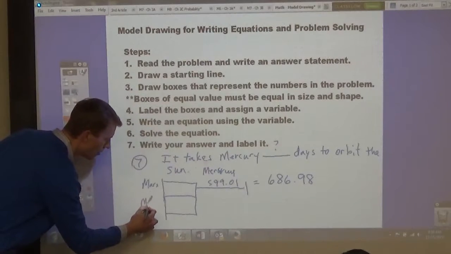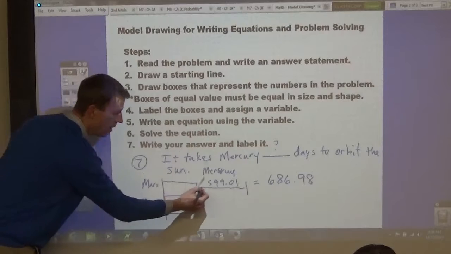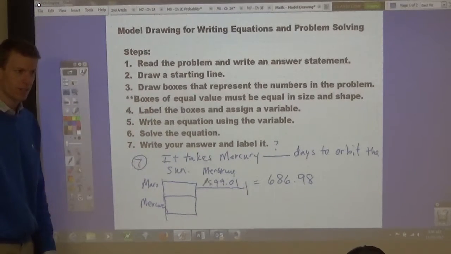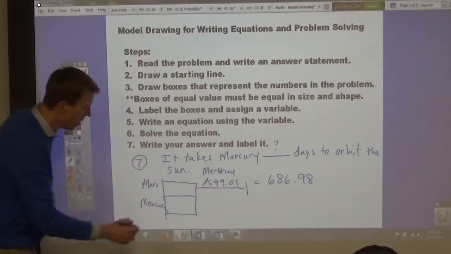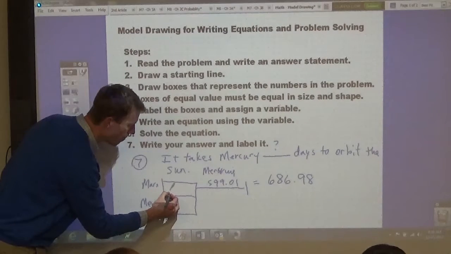So this is Mercury, and this is Mars, right? Yeah. So then what we do is we could write this as our variable.